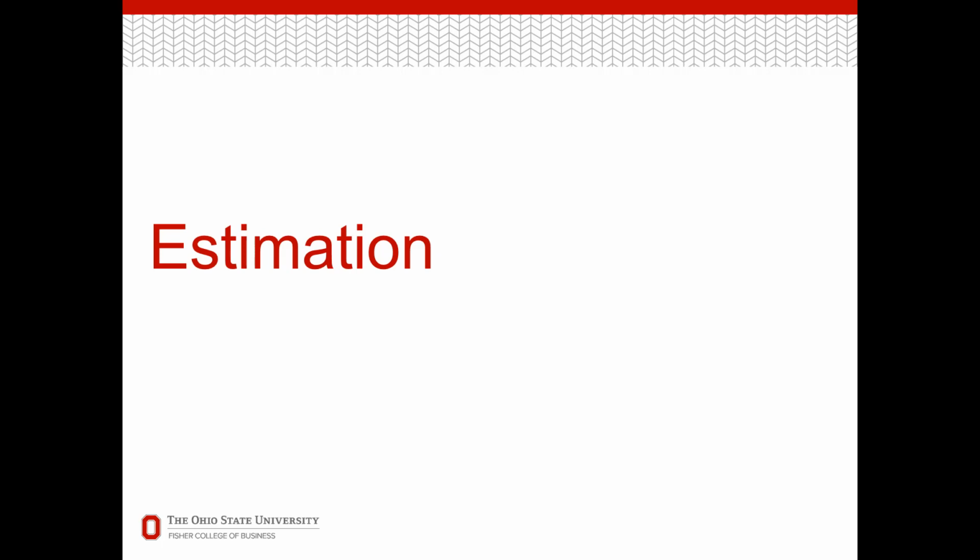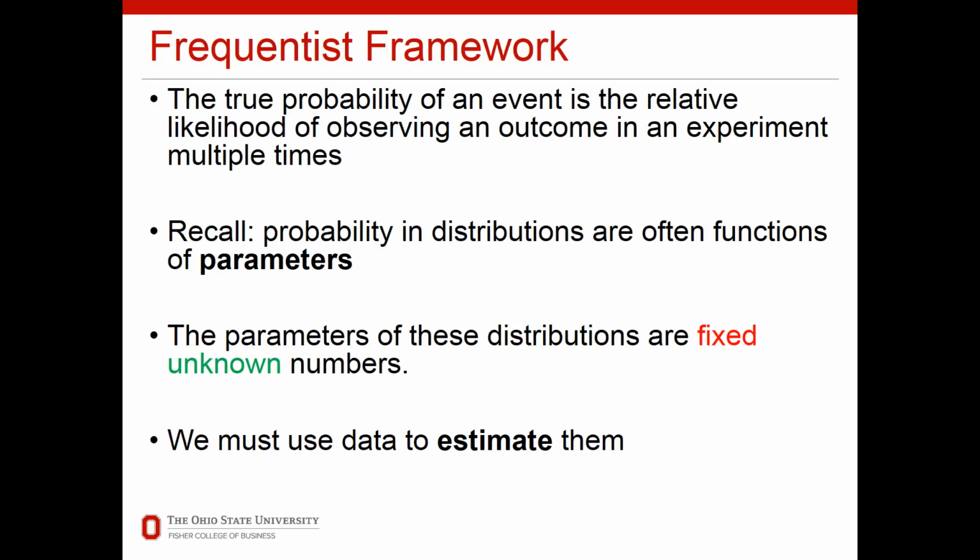Most of the remainder of this course will focus on a frequentist approach to estimation, whereas some of your future courses will start to sprinkle in some of the Bayesian aspects. In the frequentist framework, it's basically our empirical probability approach. We are assuming that the true probability of an event is the relative likelihood of observing an outcome in an experiment multiple times.